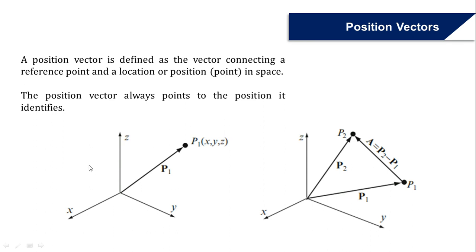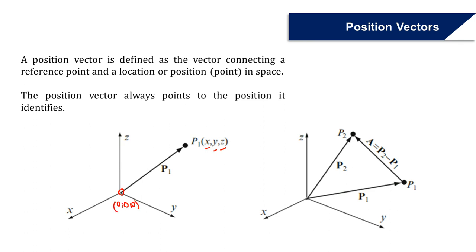So in this case, we have point 1 given by Cartesian coordinates x, y, and z. That's a point in space. So usually, ginagamit nating reference point is yung origin ng Cartesian plane, which is 0, 0, and 0, di ba?